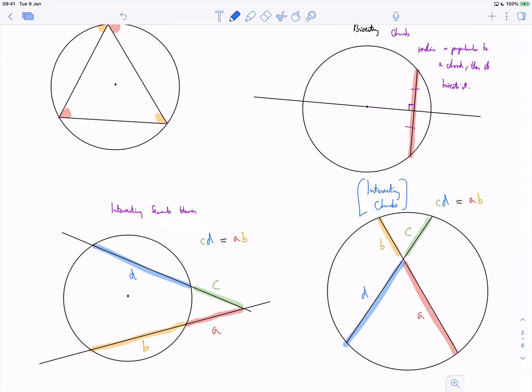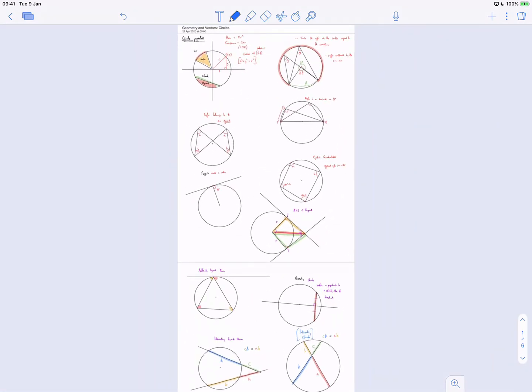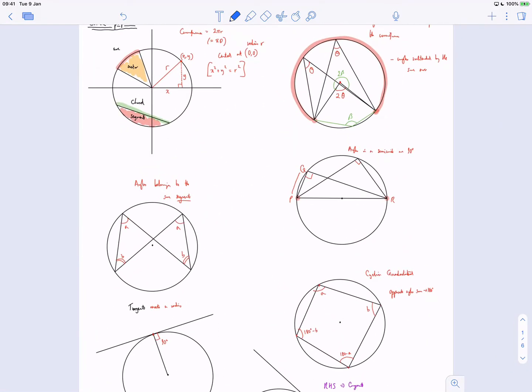Now GCSE likes to play a really nasty game of saying, why is this? Prove it. Can you memorise the names of the theorems? And to be honest, no one cares past GCSE. If you want the name of it, you just look it up. You just have to remember it's a thing. Unfortunately, you're going to have to memorise it for GCSE, but beyond GCSE, you don't. You can just say because of circle theorems.